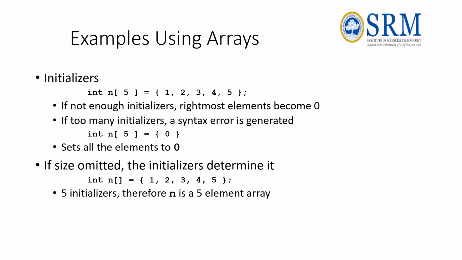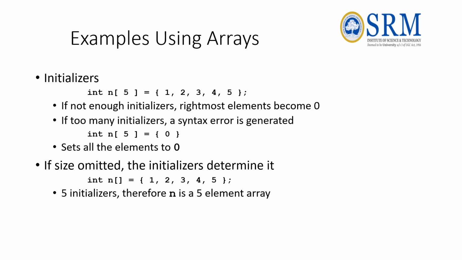Generally, as I said, an array is declared with three things: the data type, the number of elements and the array name. When you are going to initialize an array, we have to check that the number of initializers does not exceed the size.